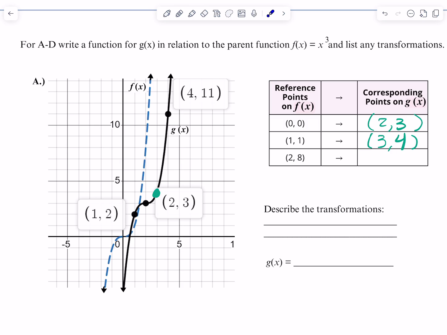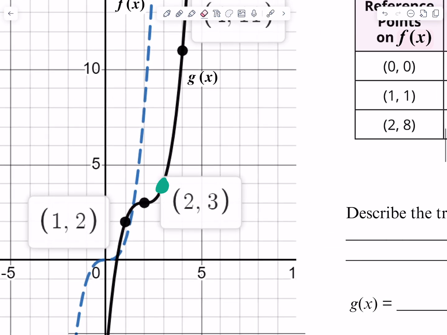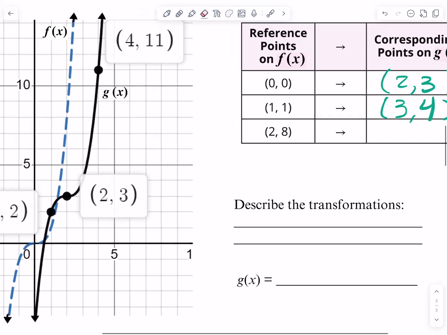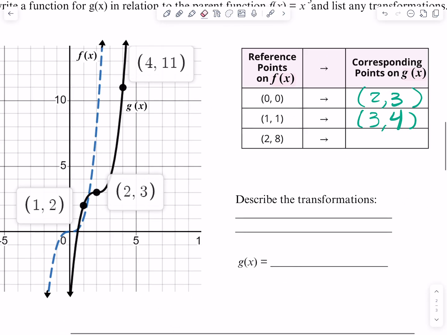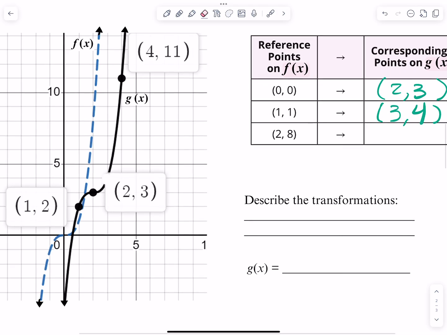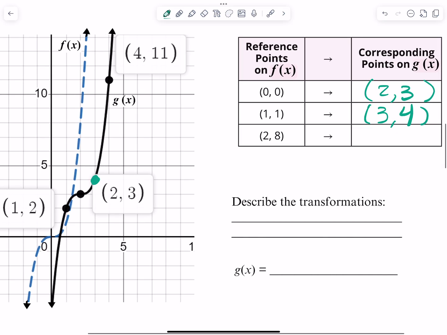Unless I'm wrong, let me see, hold on. No, I'm right. 3, 4. Wait, is it even? Yeah, it's going through the point. So I want this point here. And then the 2, 8, that would be 4, 11. Let me look, yes, I'm right. Okay.